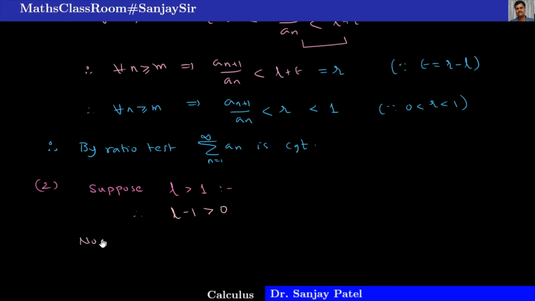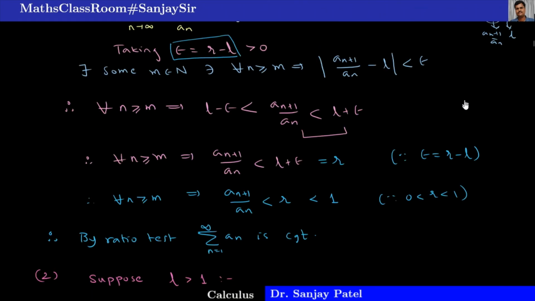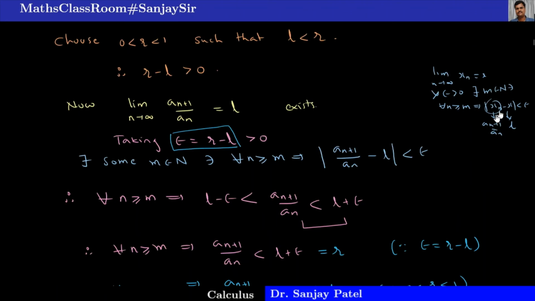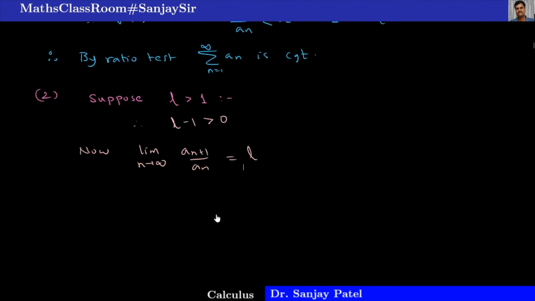Now we have limit n tends to infinity a_{n+1}/a_n equal to L. So again I will apply the definition of limit of sequence, which we have understood here. That definition we are applying for this sequence x_n, with limit L, and I will take epsilon equal to L minus 1.